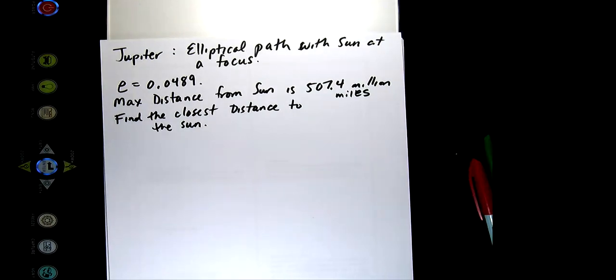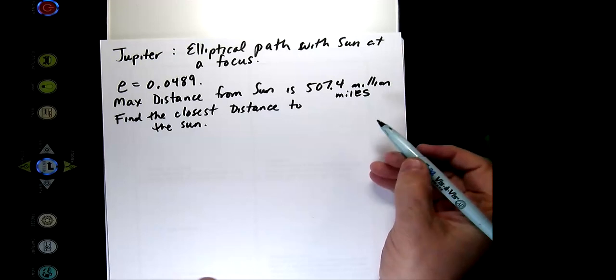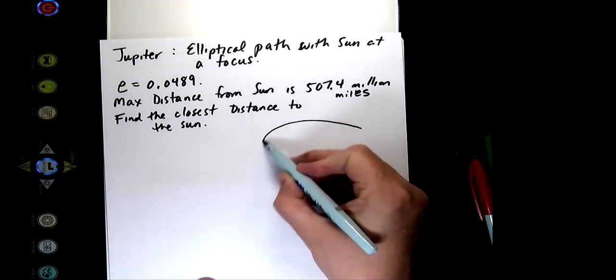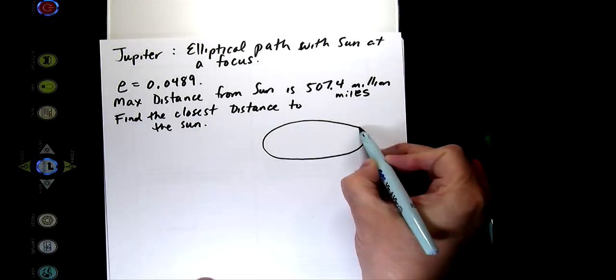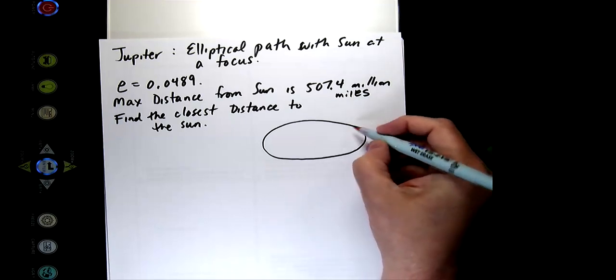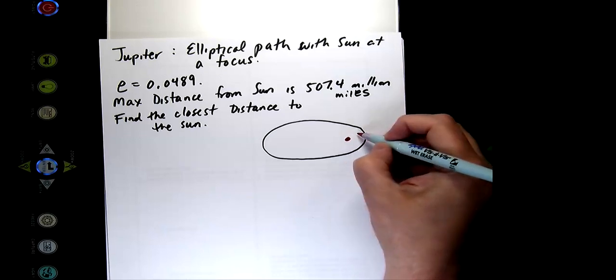That doesn't seem like a lot of information to go off, does it? So let's just draw a sketch, no coordinate system or anything like that. We know it's following an elliptical path. I'm going to put the sun at a focus here. I don't know how far in it is. I'm just going to say that's the sun.